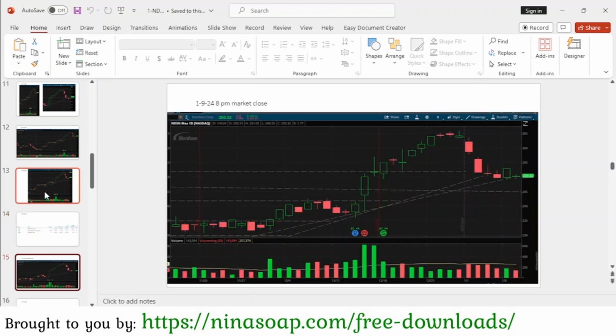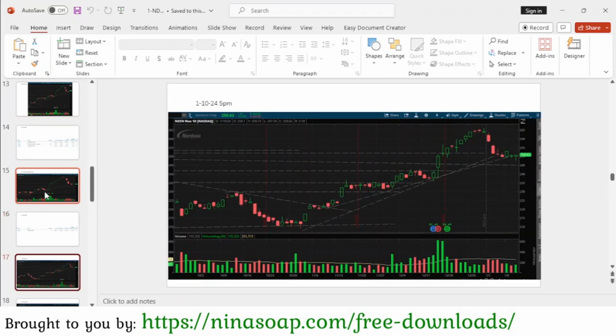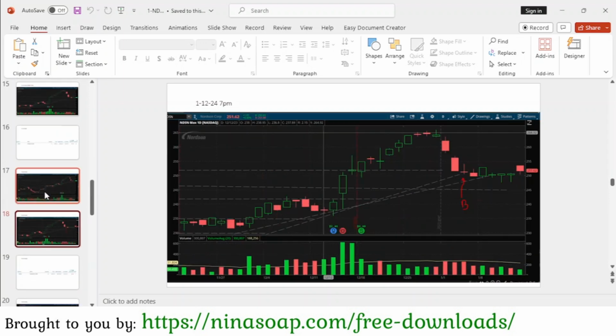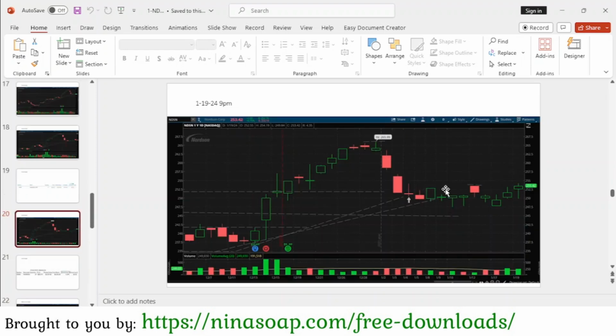So it started another bar, and then it went on the 9th to $21 negative. Started third bar on the 10th, and I'm showing where we bought it and what happened after that. And the 12th, it was $8 negative. On the 19th, we have another green bar.